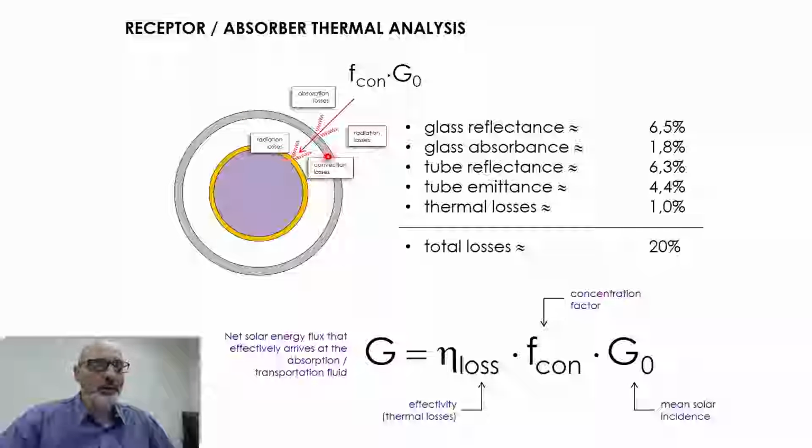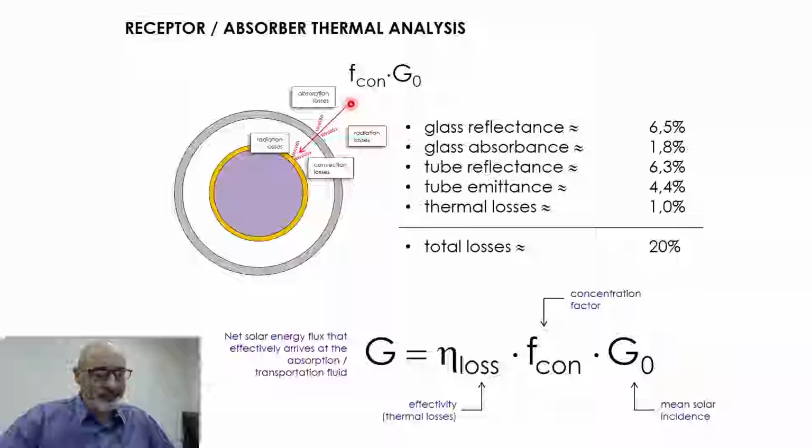As I hope you can see, you have several kinds of losses. You have absorption losses. This means that this energy is going to be absorbed by the glass. It's not perfectly transparent. It heats, its temperature rises a little bit compared with the environment temperature out here, so it's going to lose energy through convection. You also have reflection, since the tube may reflect some of this energy arriving here.